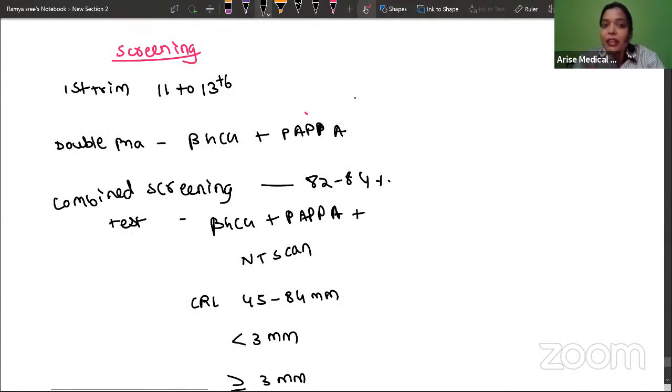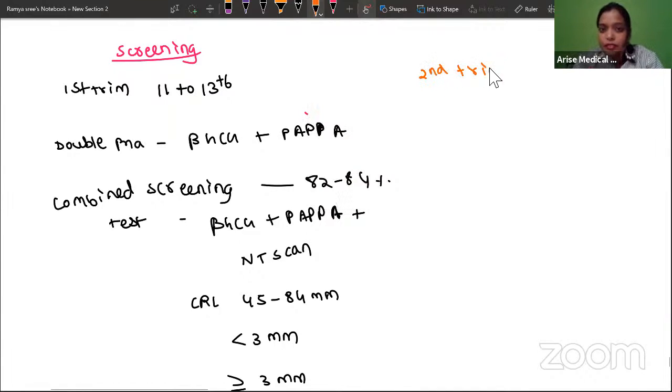Second trimester screening methods are done between 15 to 20 weeks. In this 15 to 20 weeks, you have the triple marker.